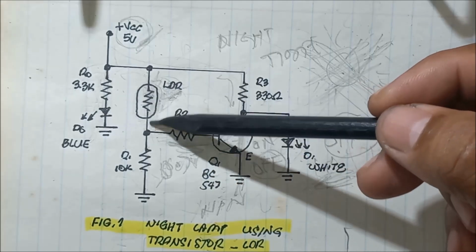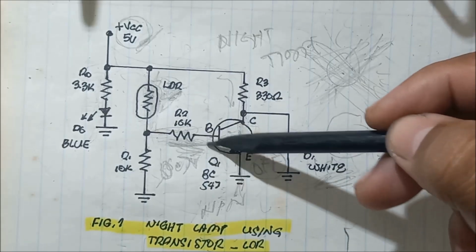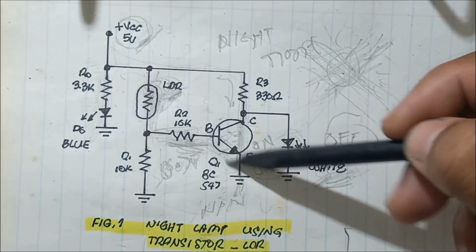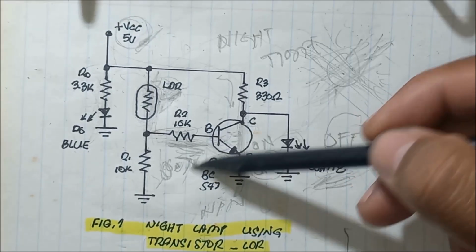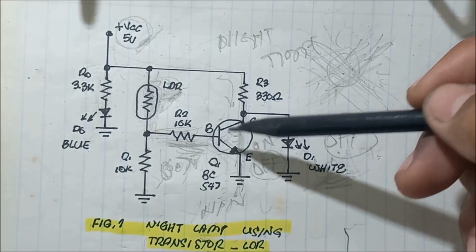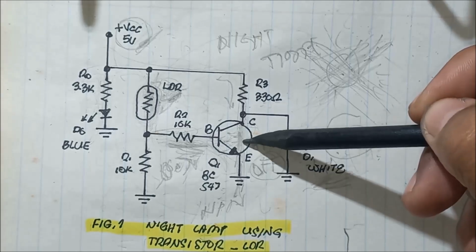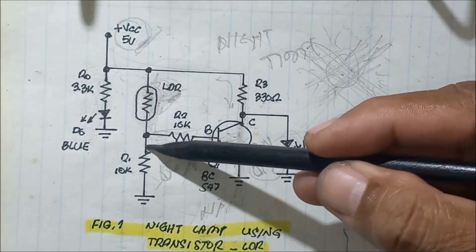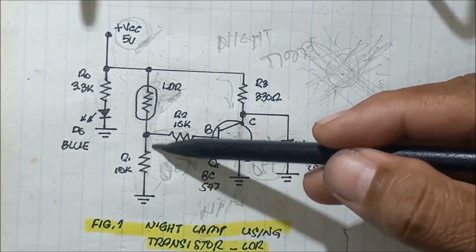Less current now flows into the base, which is not enough to turn on this base to emitter junction. It is no longer 0.7 volts, but less than 0.7 volts. So this transistor turns off. Because this is off, less current now flows to the ground.